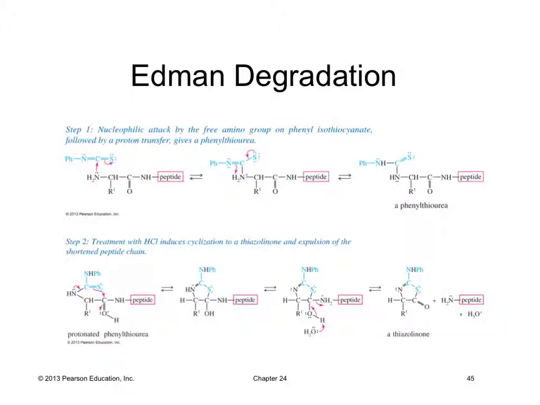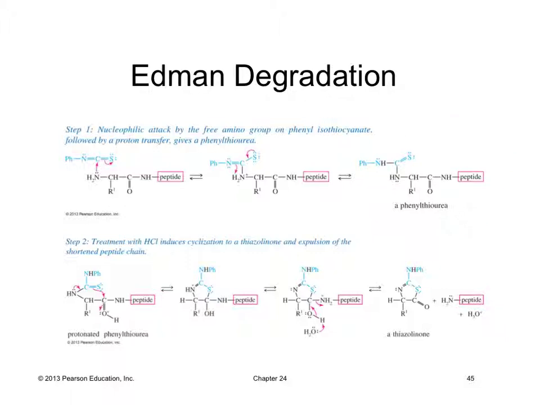You have your protein, your amine terminus will react with the electrophilic carbon, electrons go to the sulfur and then come back, and then the electrons pick up a hydrogen, generating a phenylthiourea.